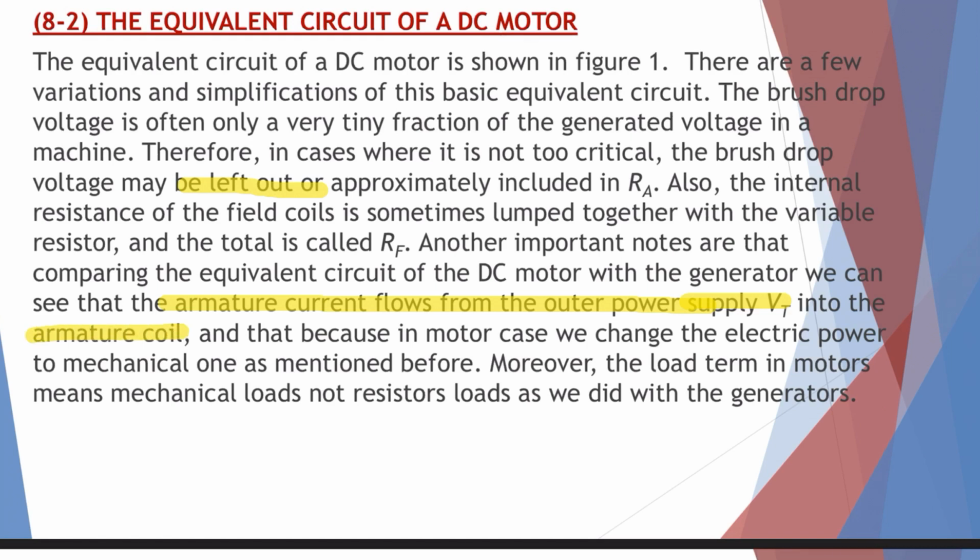Because we are now supplying the armature with current from the voltage terminal, in the motor case we change the electrical power to mechanical power as mentioned before. Moreover, the load term in motors means mechanical loads, not resistor loads as we had with the generators.